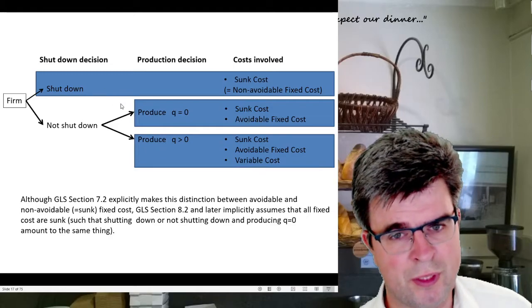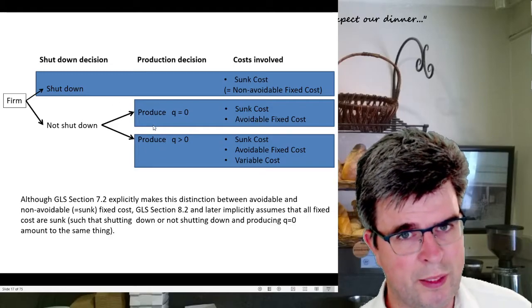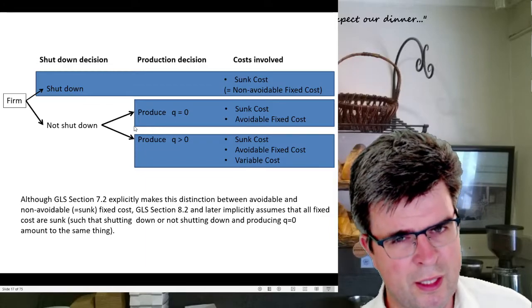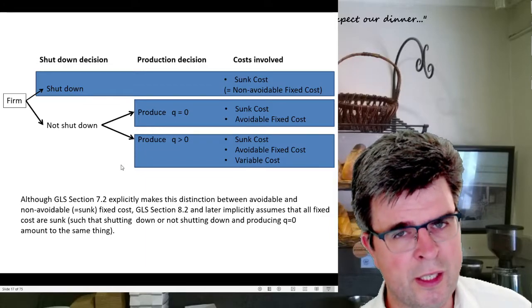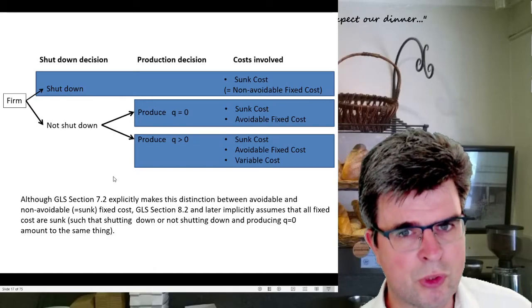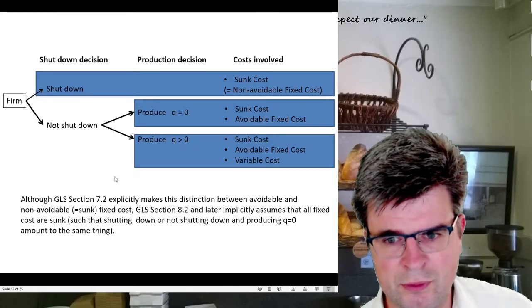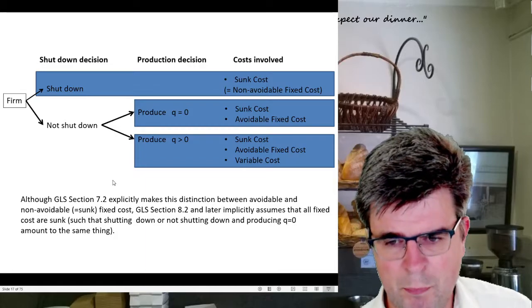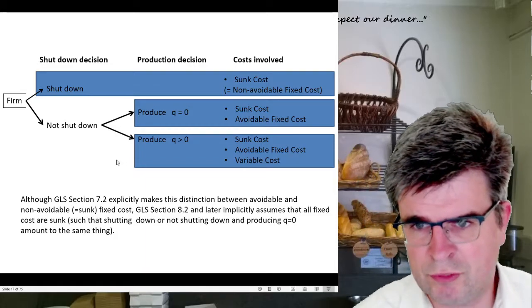But also if you shut down, then you still need to pay the fixed cost. So the book is a little bit blurry here and slightly more sloppy in chapter 8 than in chapter 7. But you will be able to deal with this given this overview.